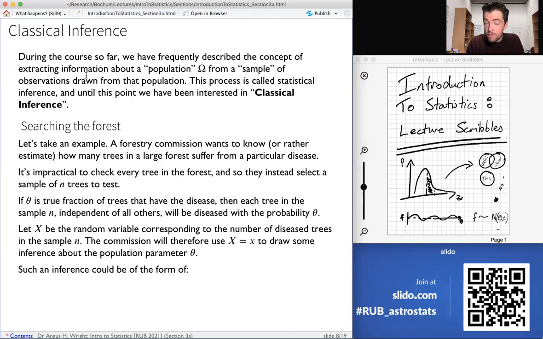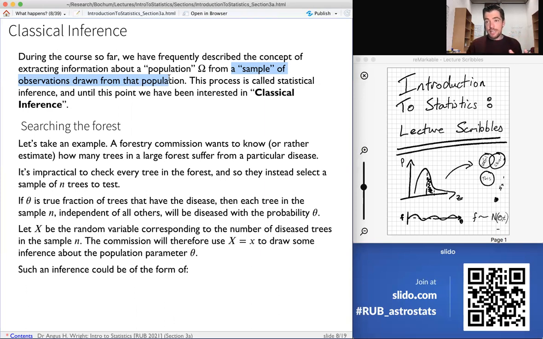What we've been discussing primarily is trying to extract some information about a population omega from some sample of observations from that population. That process of trying to draw conclusions about a population from a sample is known as statistical inference. It's the whole purpose of this lecture course. And up until this point, we've been focusing on this thing called classical inference.